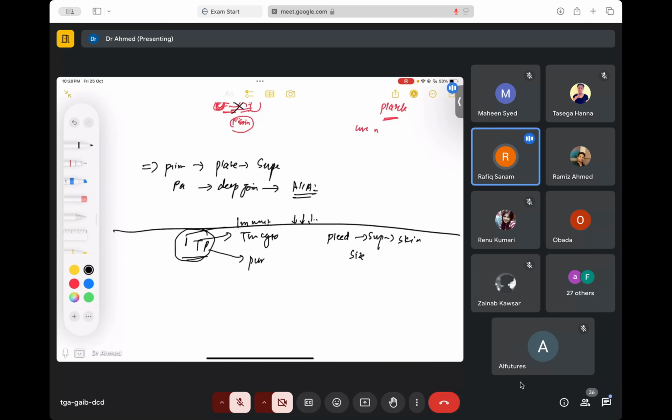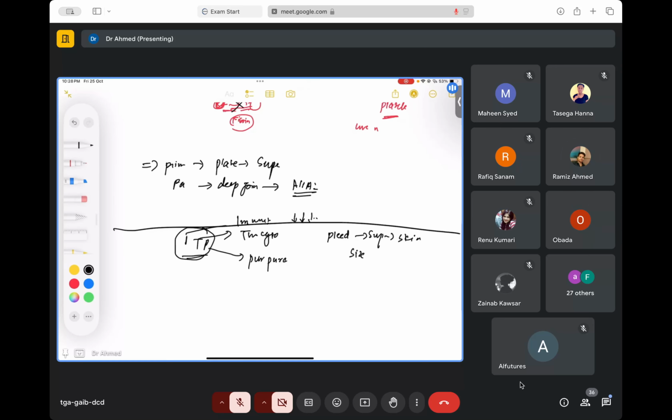Purpura is the biggest. Don't confuse me, doctor, please. Look, I have told you, I believe you guys, it doesn't mean that you'll be confusing me. So purpura is the biggest one.